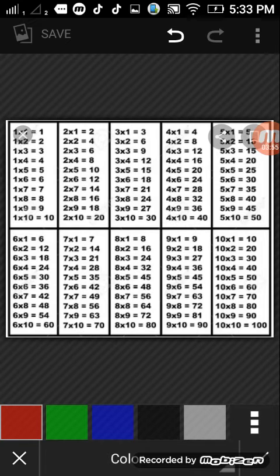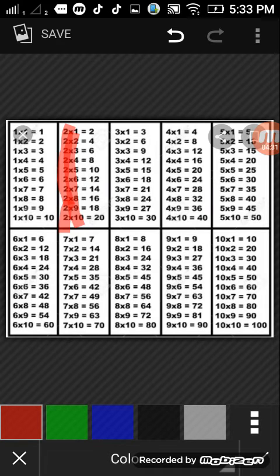If you see the times 2 over here, I highlighted the times 2. It means you multiply by 2.